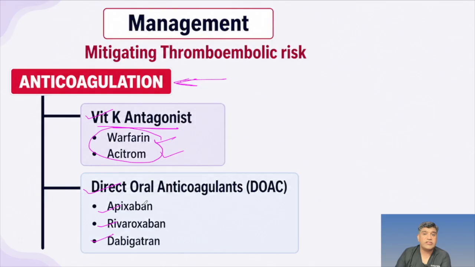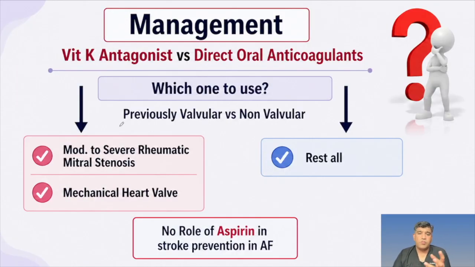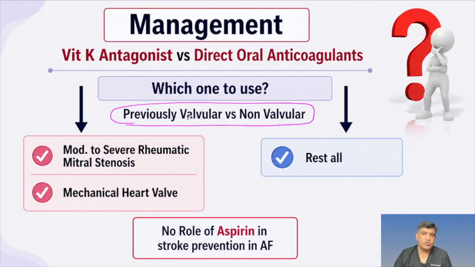Now the question arises, which drug in which type of patient? The things were complex in the previous guidelines when we used to distinguish between two types of patients, valvular and non-valvular patients. This is what used to happen in the previous guideline, but the latest guideline says the things are oversimplified, rather in a better manner.